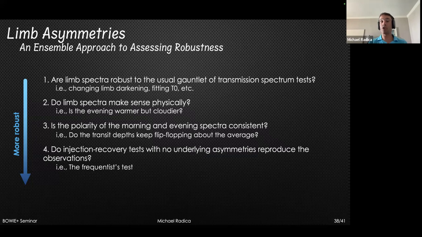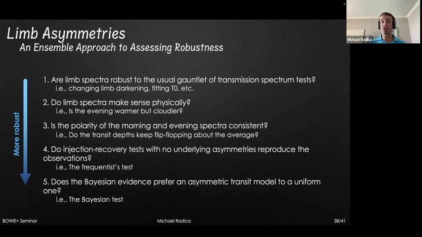We can take a frequentist example of this, like I showed on a previous slide. If we assume no underlying limb asymmetry and do injection recovery tests, are we actually able to reproduce the observations, or do we always see our observations having more limb asymmetry than we could possibly see if there was nothing in the underlying data? And finally, we can do these Bayesian tests.